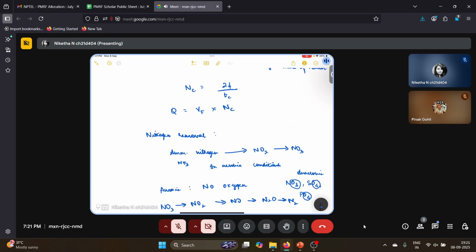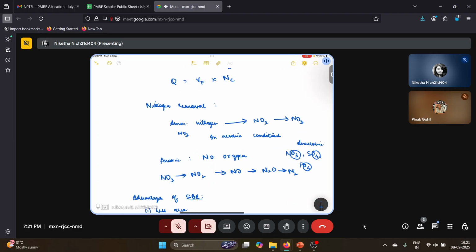And like I said, in the same tank, we can maintain aerobic and anoxic conditions. For aerobic conditions, we have to give aeration. And for anoxic and anaerobic conditions, we have to cut down the supply of oxygen completely.